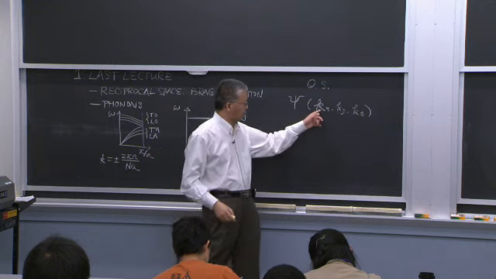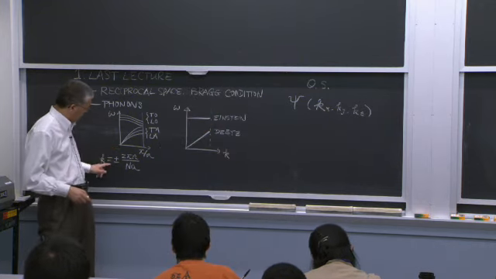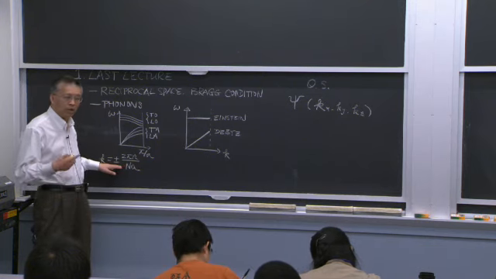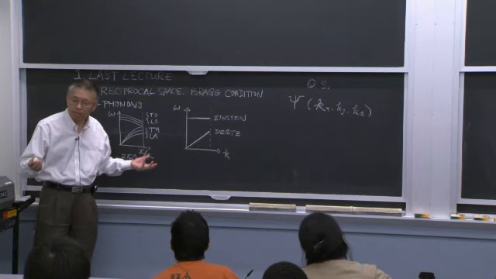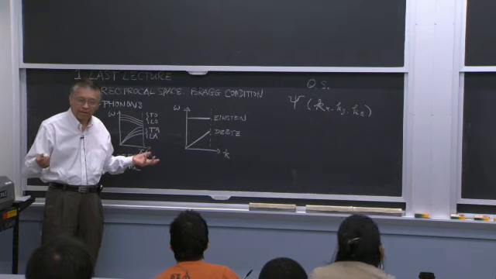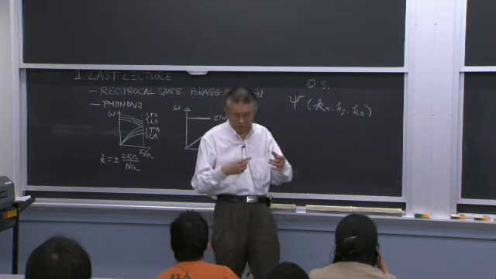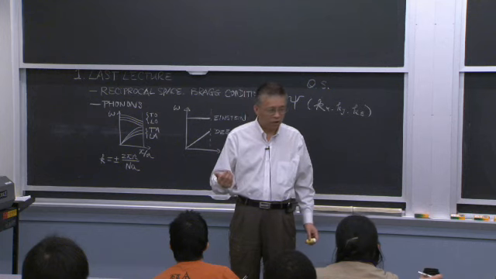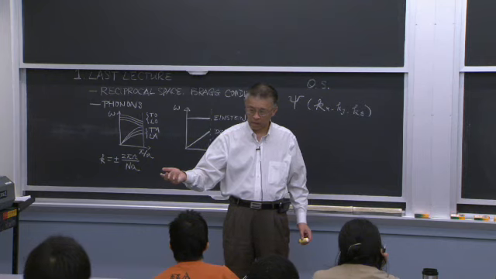In one direction, for example, I have a discrete number of k values, right? Each combination of k values gives me one specific wave function. If I don't consider spin, for an electron, I have to say one wave function, because the wave function itself doesn't include spin. So that's one quantum state, okay?